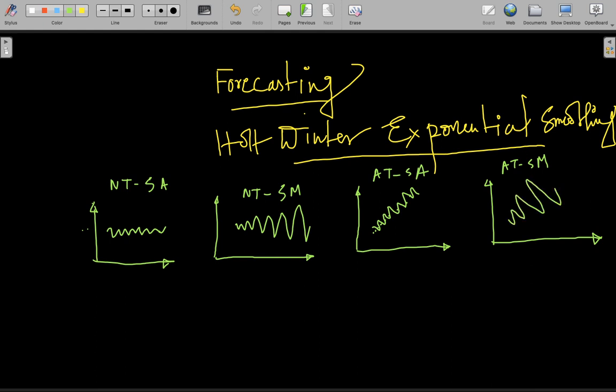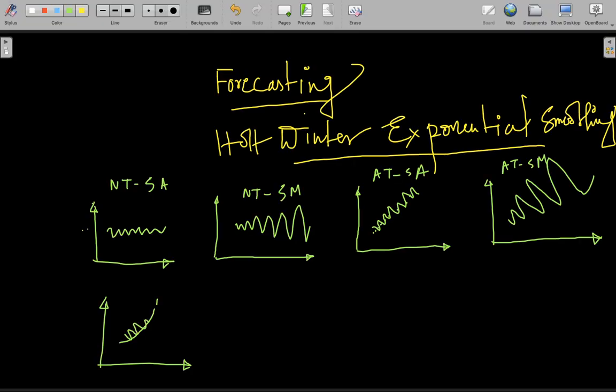Another case is a multiplicative trend, a good example of which could be a y equal to x squared type graph, and there you plot seasonality.